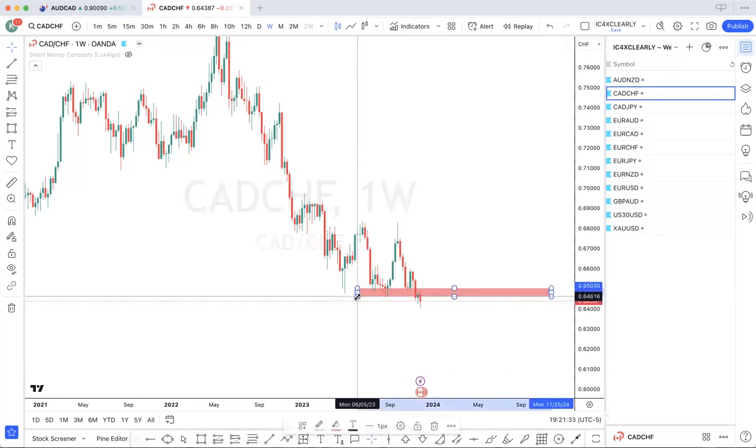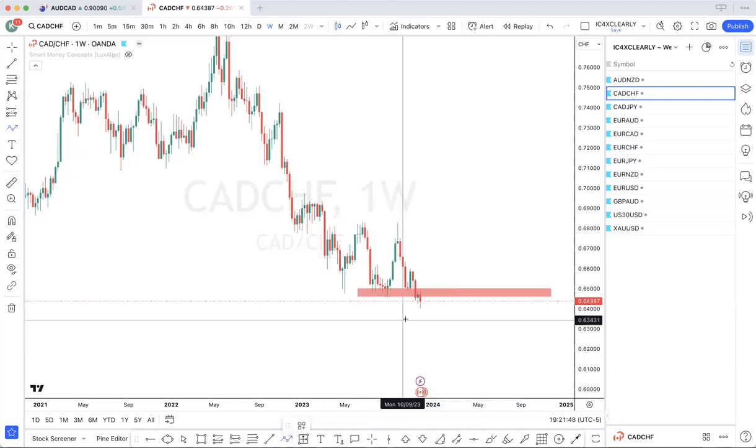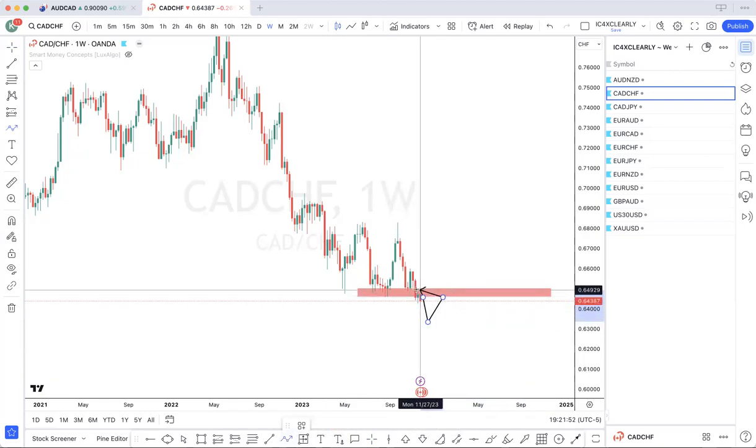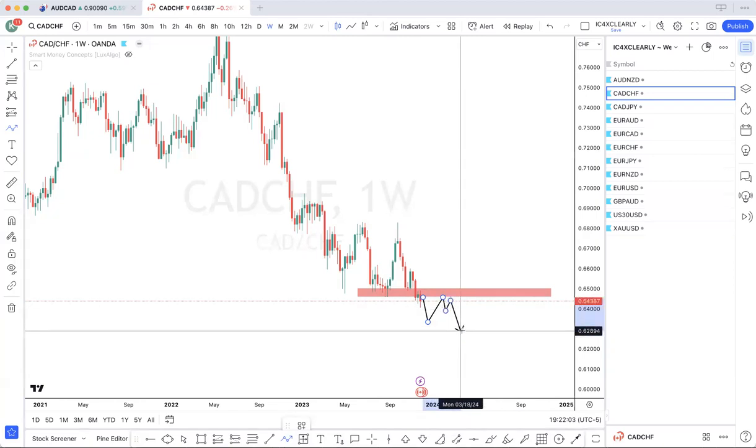Or price could have been sweeping, well, it did sweep it on this candle, but then it came and gave another bearish order block for the week, right? So I would need to see price push out, come back without breaking these highs, and give a break of structure for the pullback and then the sell down.